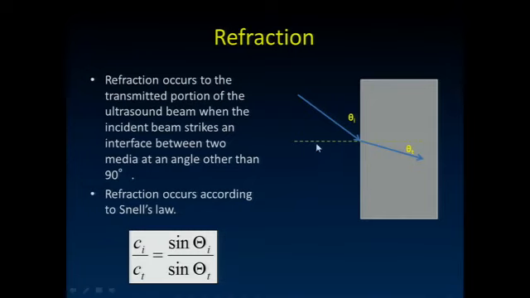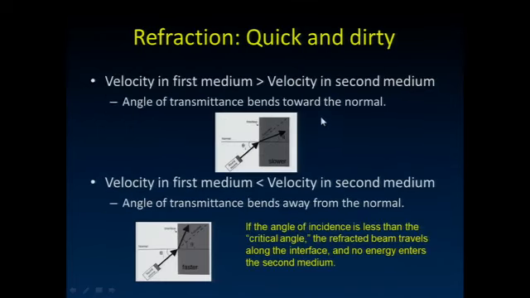The next thing I want to talk about is refraction. Okay? Refraction occurs to the transmitted portion of the ultrasound beam when the incident beam strikes an interface between the two at an angle other than 90 degrees. And just like in optics, refraction with ultrasound follows Snell's law as well.